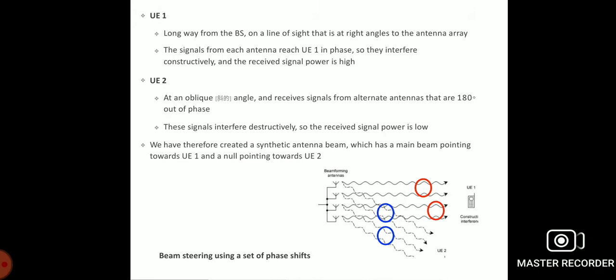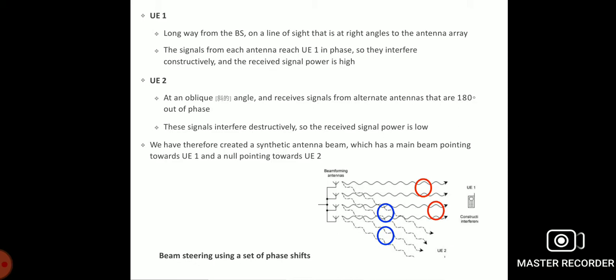User end 1 is a long way from the base station on a straight line, at a right angle to the antenna array. The signals from each antenna reach user end 1 in phase, so they interfere constructively and the received signal power is high. User end 2 is at an angle and receives signals from alternate antennas that are 180 degrees out of phase.